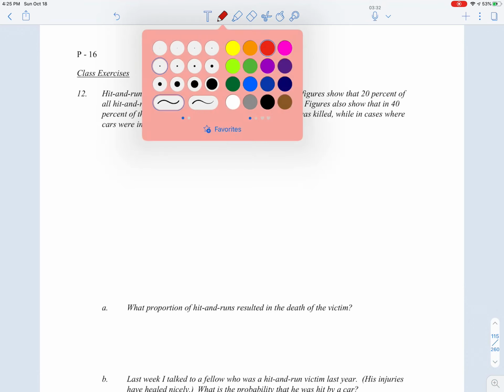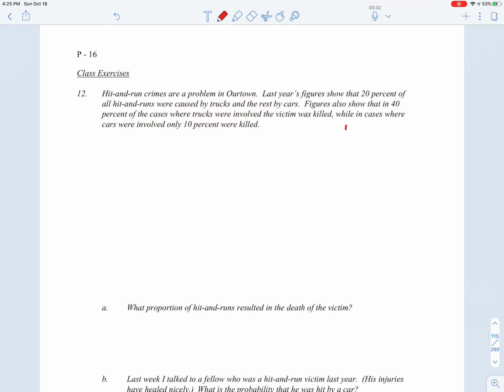What I want you to note here, and this is the way I always start these things off, is that there are 4 types of probabilities that we have been introduced to. The probability of some event A is a marginal probability.